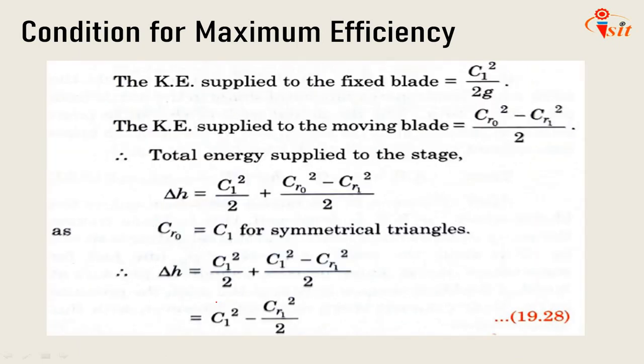Now the kinetic energy supplied to the fixed blade, we know that C1 square by twice g, and similarly for the moving blade it is nothing but (CR1 square minus CR0 square) divided by 2.